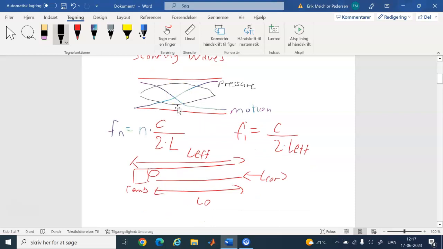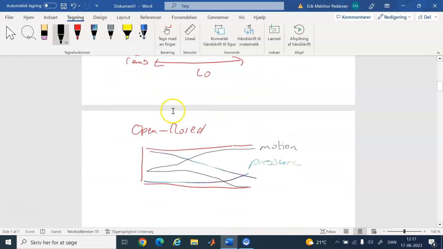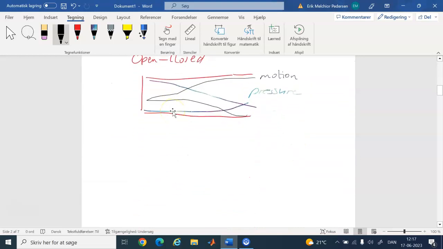And it turns out here that f_n is n times c divided by 4L, or 4L effective length.